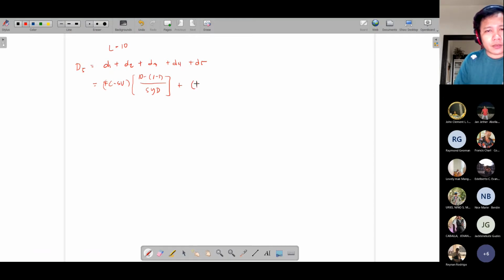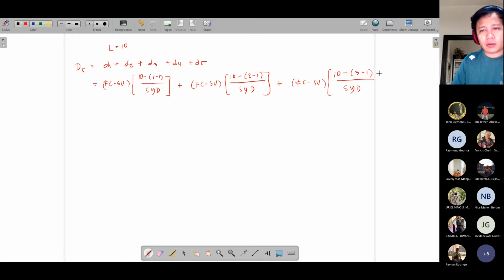Then plus, again, first cost minus salvage value times, here you have 10 minus 2 minus 1. Then SYD below, still the same. Plus your D3, that would be first cost minus salvage value times L minus N minus 1, all over SYD, same again.